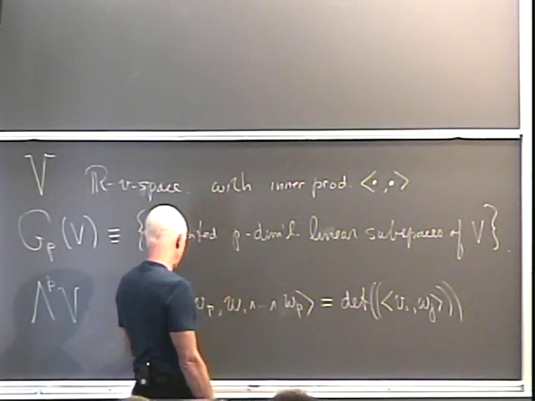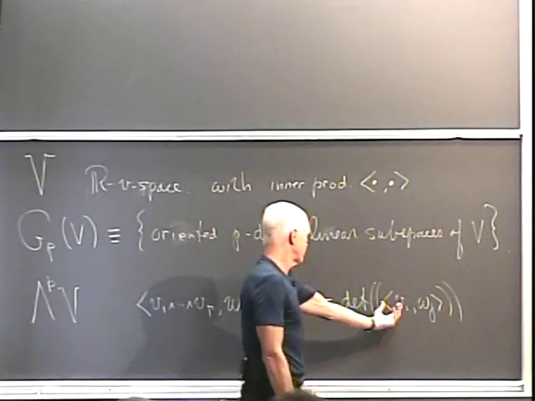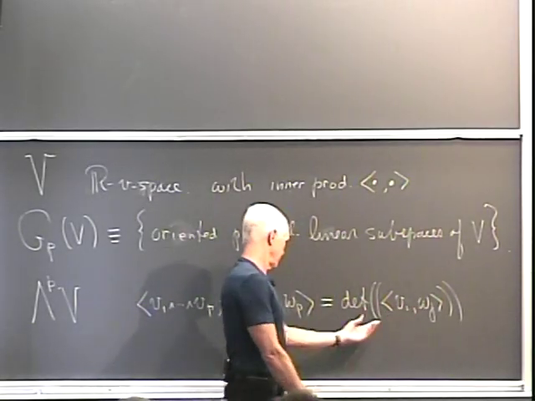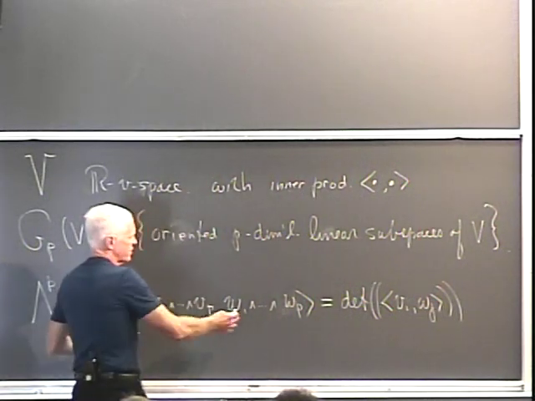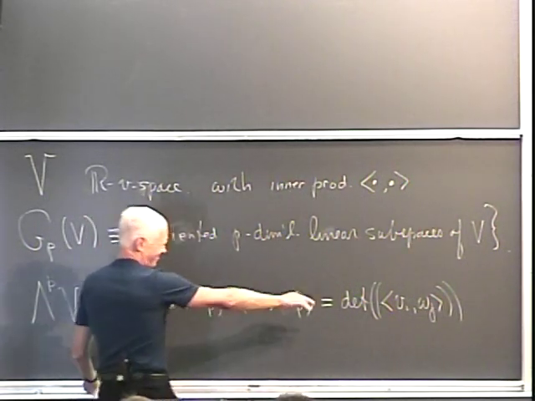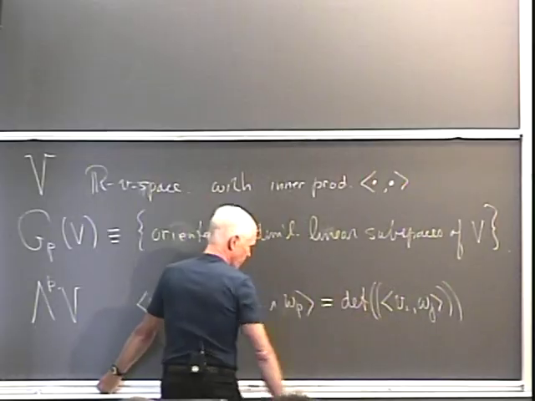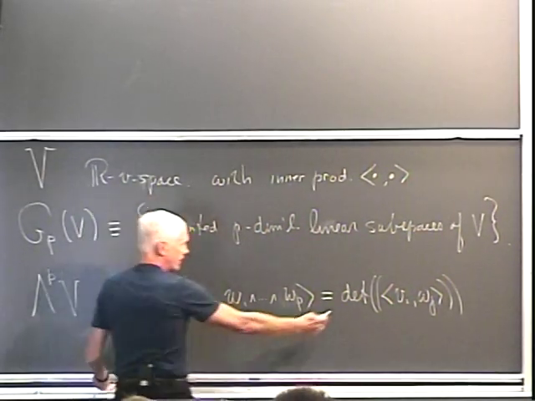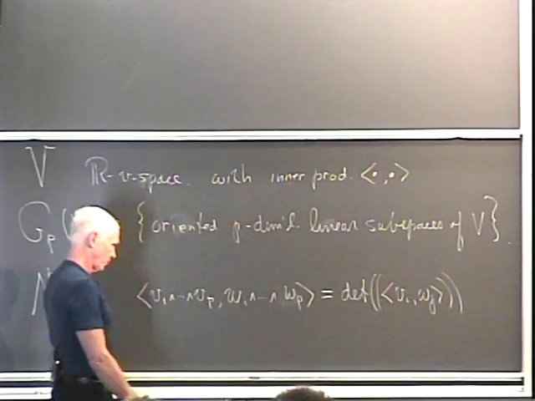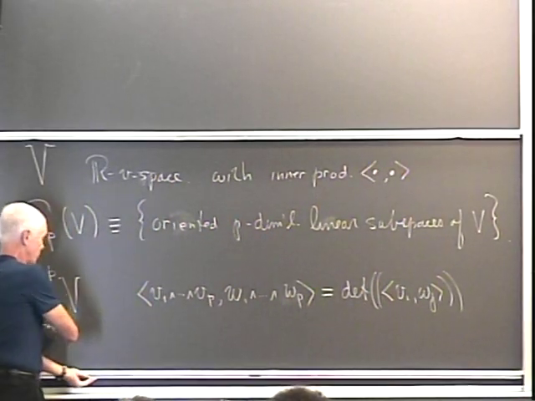One can see that this is skew symmetric and multilinear in each of its factors, and so it extends to be a bilinear form on the entire wedge product.